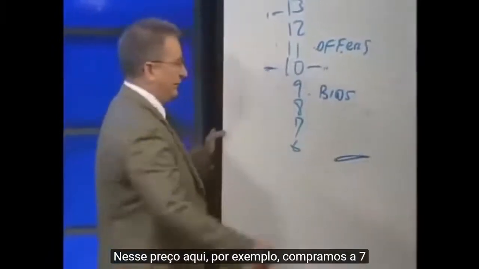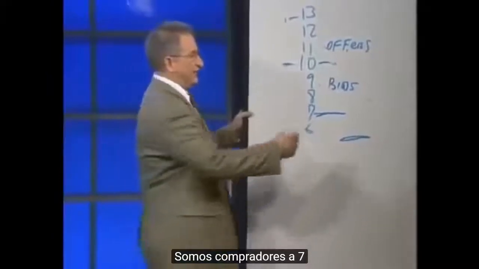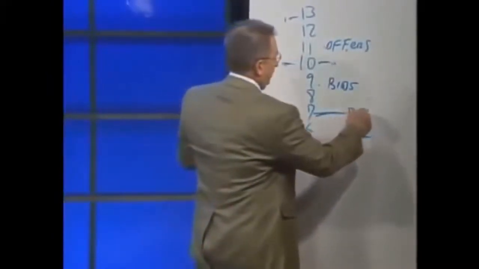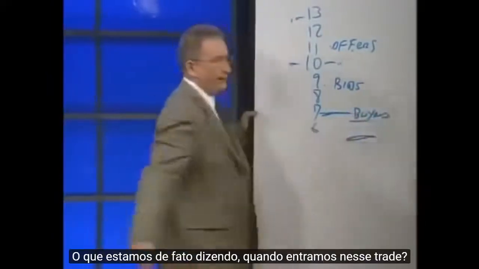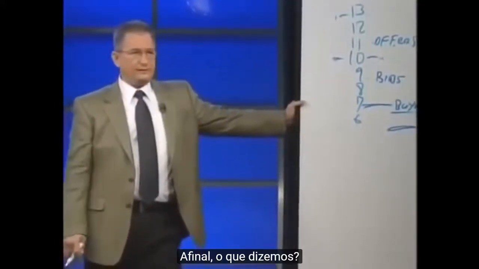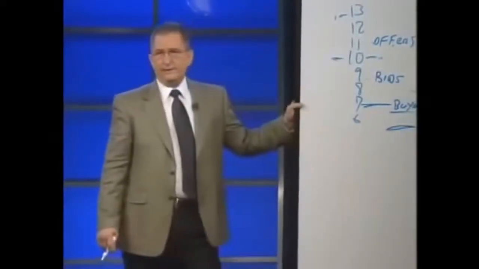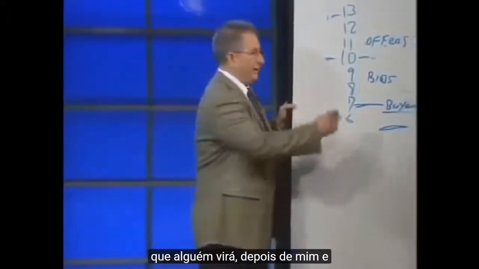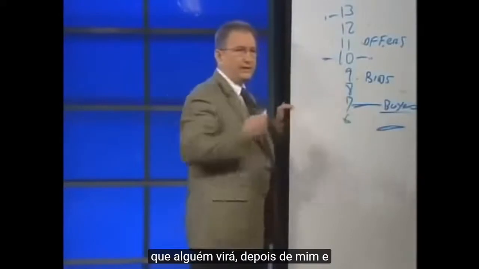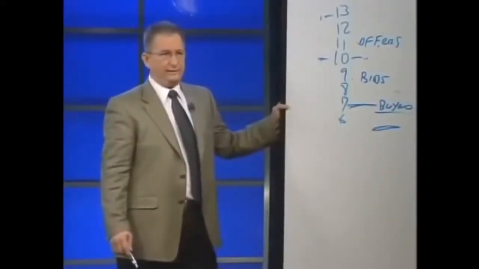When you and I get into a trade at this price right here, let's say we bought at 7, we're buyers at 7. What are we really saying when we get into that trade? Based on the dynamics of what I just explained, we're saying that someone is going to come into the market after me and buy at a worse price than what I did.